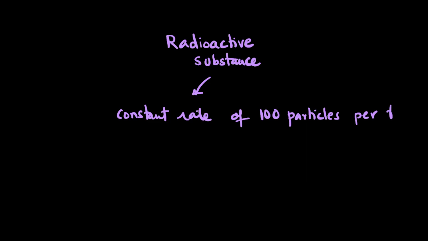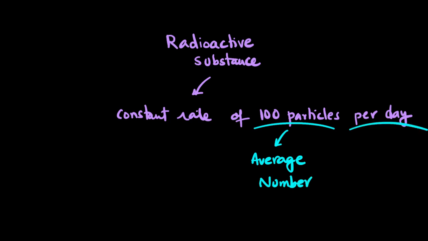Now, this is also an example of Poisson distribution, because this 100 particles, that is again the average number of particles within a certain time period, and that time period in this case is a day.